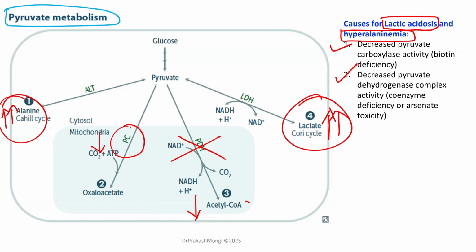Can be PDC deficiency itself, or any coenzymes that are deficient, needed for PDC, or arsenate toxicity. Is it not? Arsenate, E2, blocked. You got the idea? See, a lot of questions can be made on this figure. This figure is from UWorld. So make sure you remember the star mark, highlight, important. All of you got this? Okay. So that's all for pyruvate metabolism.